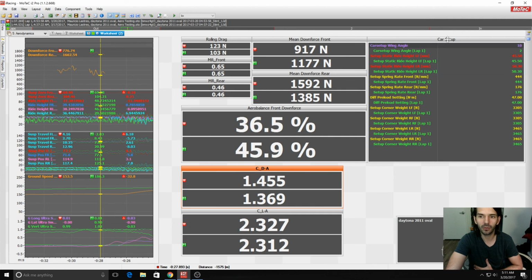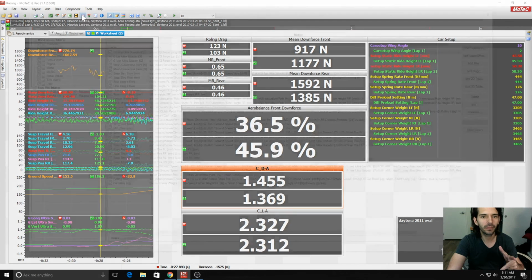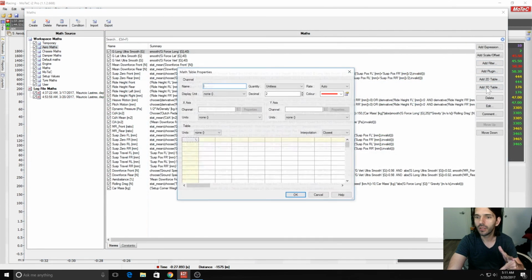The other thing that will change is not only, like I said, the wing angle, but also the ride height. So that's going to be the following video for the aerodynamics. We're going to take this a little bit further and do some ride height runs, where we're going to be varying the ride height on the car, and then we're going to construct an aero map using the 3D table.